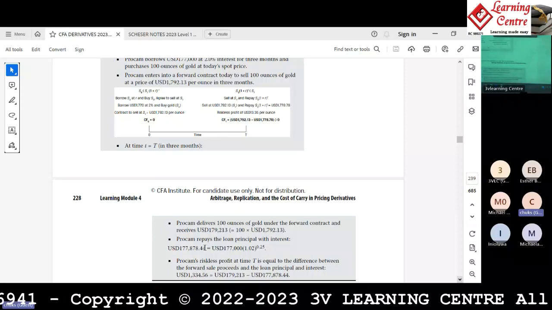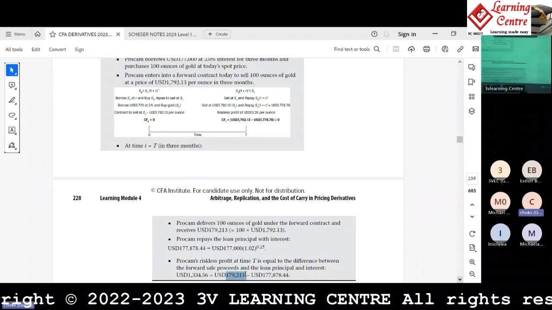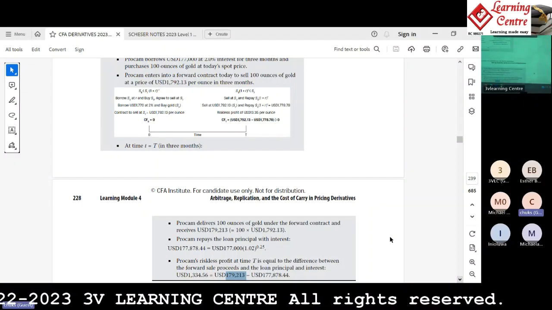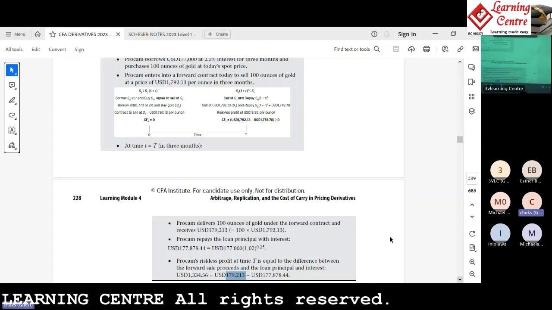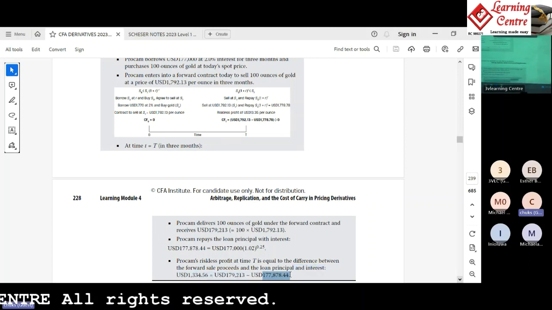This is lower than the 179,213 that we said is the forward price. So on the left side of the equation, somebody will get 1792.13, and on the right side, somebody will get 1778.78. So the equation doesn't balance.